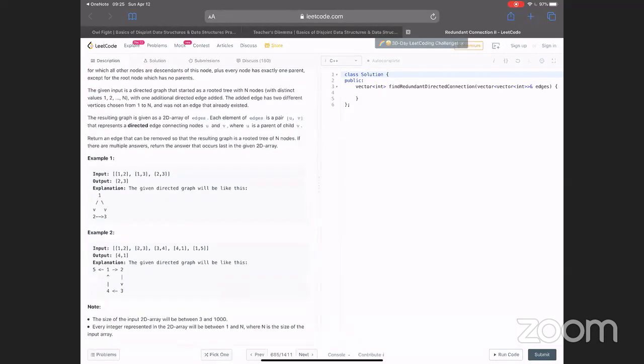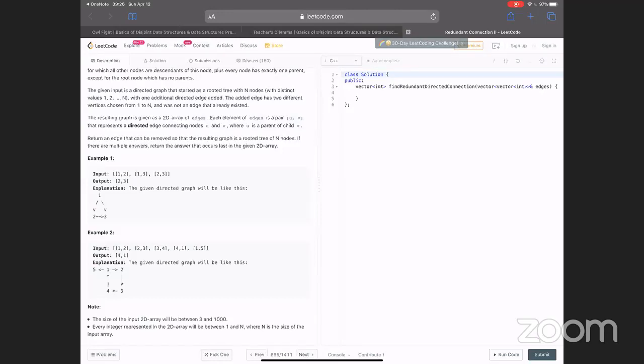A similar problem, example 2, where we have 1, 2, 2, 3. All different vertices and edges are given, and we have to find out what the redundant edges are. In this case, the redundant edge could be any of 1 to 2, 2 to 3, 3 to 4, and 4 to 1. Any can be the redundant edge. So it's kind of like breaking the cycle here. Yes, that's correct. But is that one direction or both directions? The arrows seem to show one direction only.